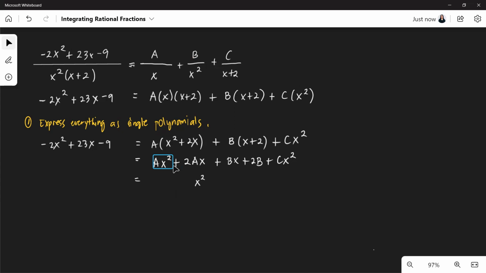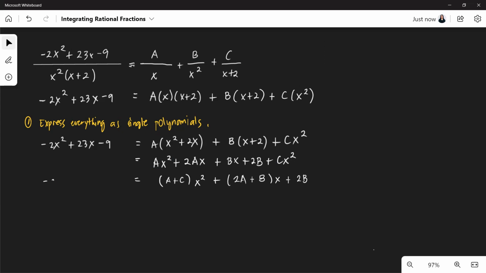So this term ax squared and cx squared both contain x squared, so they are similar terms, meaning we can add up a and c and then factor out the common factor x squared. Then for the x terms, we have 2a plus b, right? And we have only one constant term, 2b.